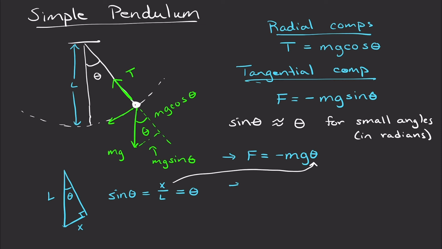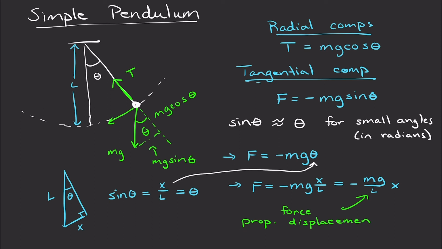Okay, so this gives us F equals minus mg x over L, or we can write this as minus mg over L times x. And again, you should notice that this looks like a force directly proportional to the displacement. And it has a minus sign out front.